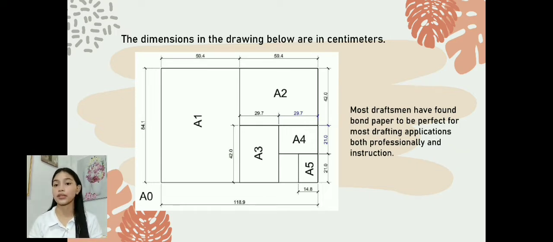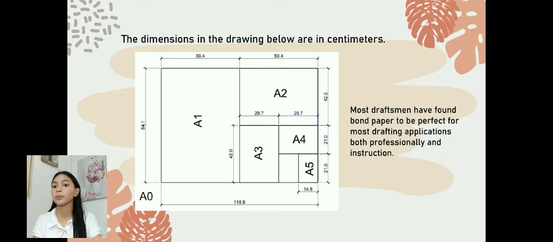A3 with 29.7 by 42 centimeters, A2 that has 42 by 59.4 centimeters, A1 with 59.4 by 84.1 centimeters, and lastly, the biggest size of drawing paper is the A0, which is 84.1 by 118.9 centimeters in size.